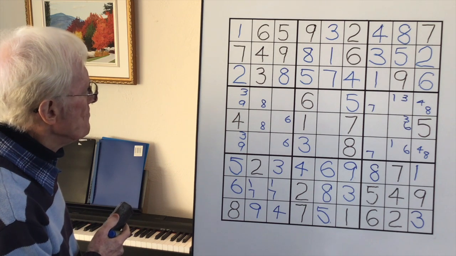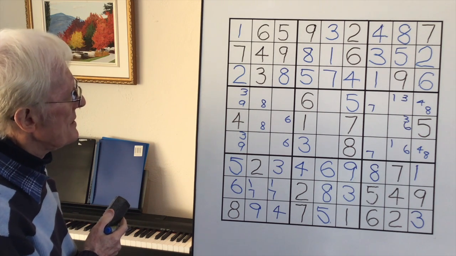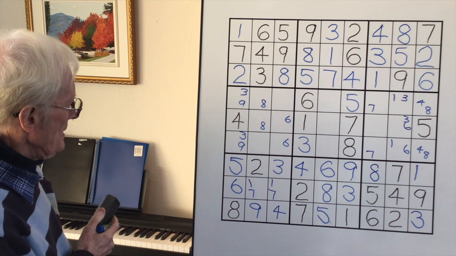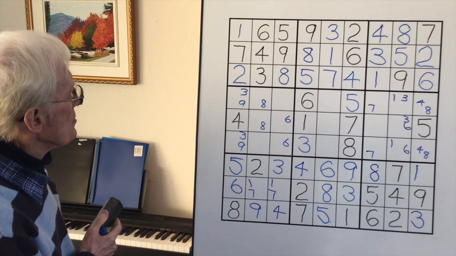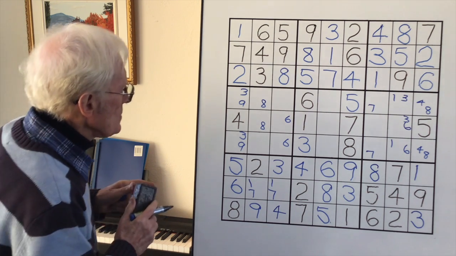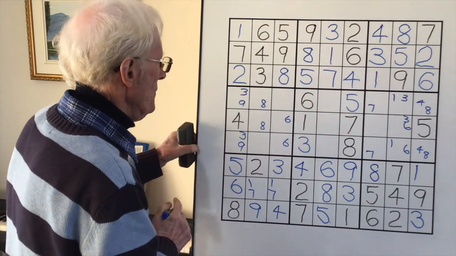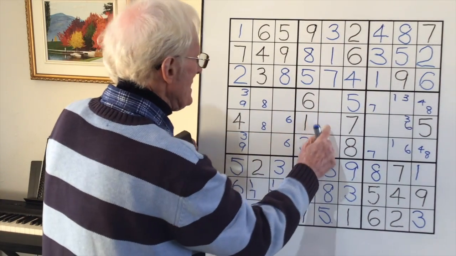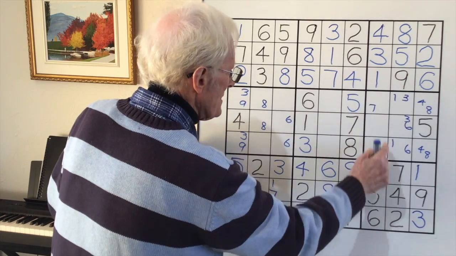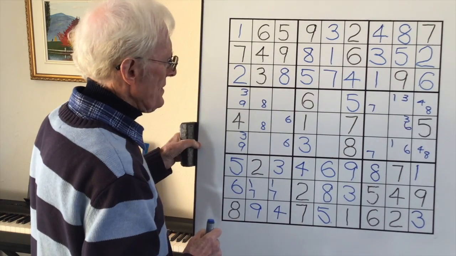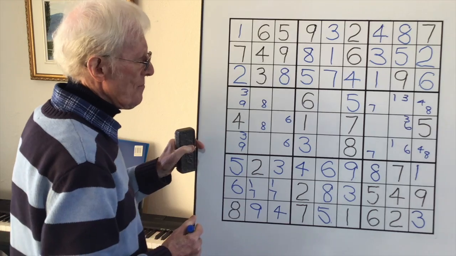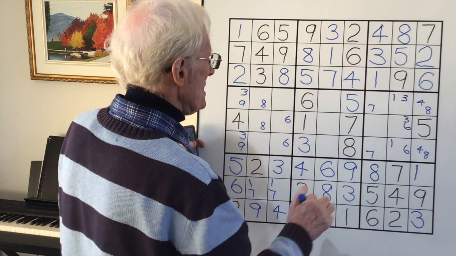Okay. Pushing right along. What else have we got in here? Gee, it's getting tougher now. Here we have 3 spaces empty. Here we have 3 spaces empty. Something's got to give in there. Let's put in those possible numbers. What's missing in here?